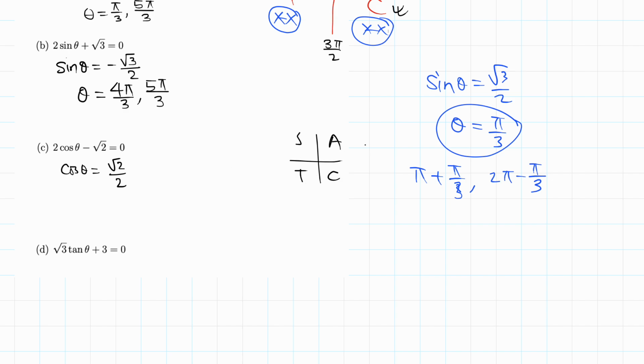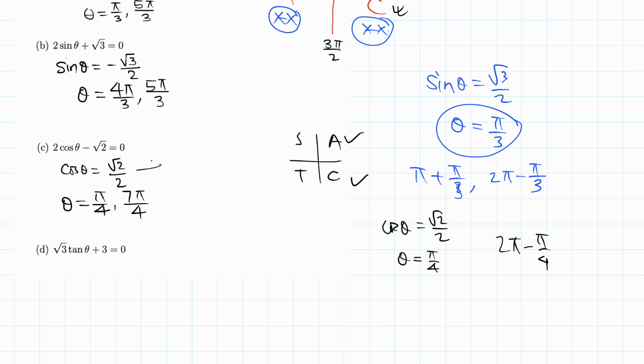Cosine is positive in the first and fourth quadrants. Cosine theta equals root 2 over 2. That's 45 degrees, or theta equals pi over 4. So the answers are pi over 4 in the first quadrant, and in the fourth quadrant, 2 pi minus pi over 4. 4 times 2, 8 pi minus 1 pi, 7 pi over 4.